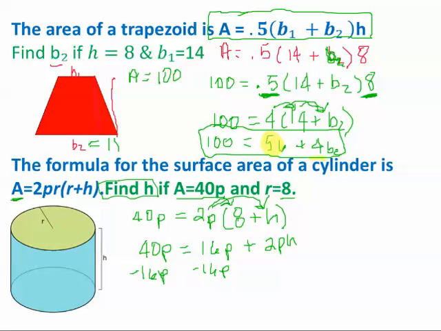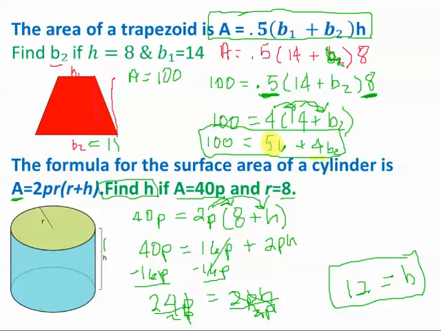Because it tells me right here, find H. So 40 minus 16 is going to be 24P, and that equals 2PH. And watch, I'm going to divide both sides by 2P. The P's go away, 2 and P go away here, and I get H left over on one side and 12 on the other side.